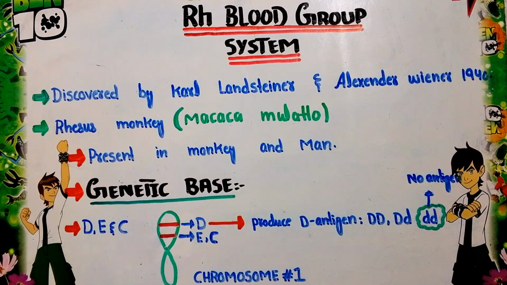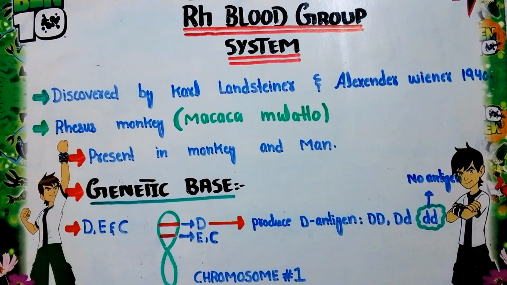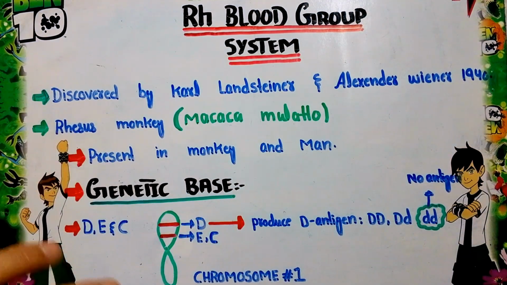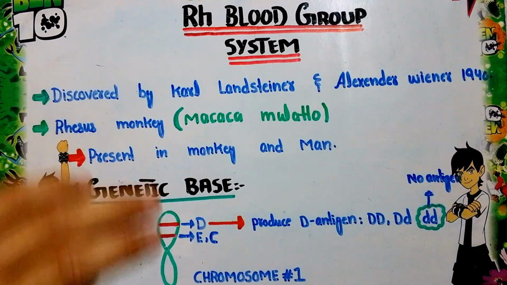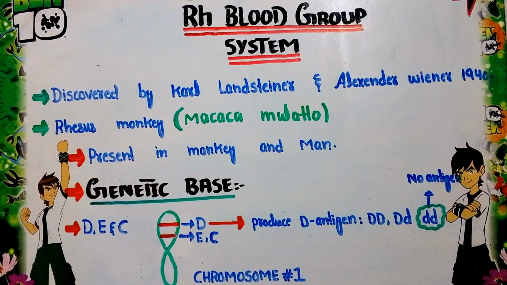This means this organism is Rh positive. Now we have a third organism that is homozygous recessive. When such a genotype is present in an individual, no antigen is formed, and the individual is called Rh negative, because no antigen is produced in this individual.